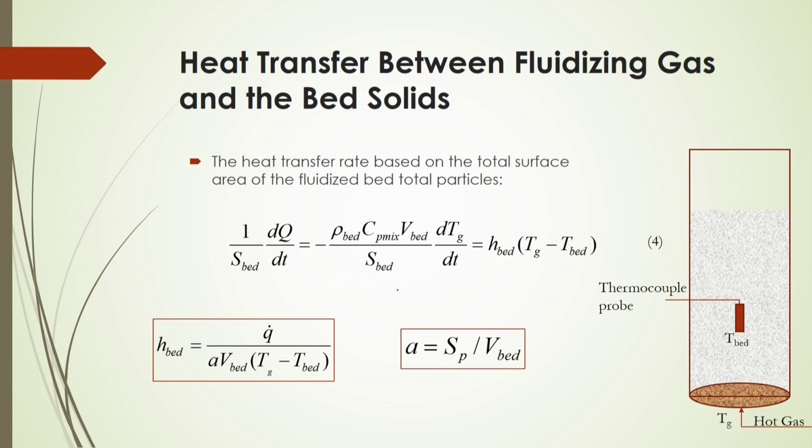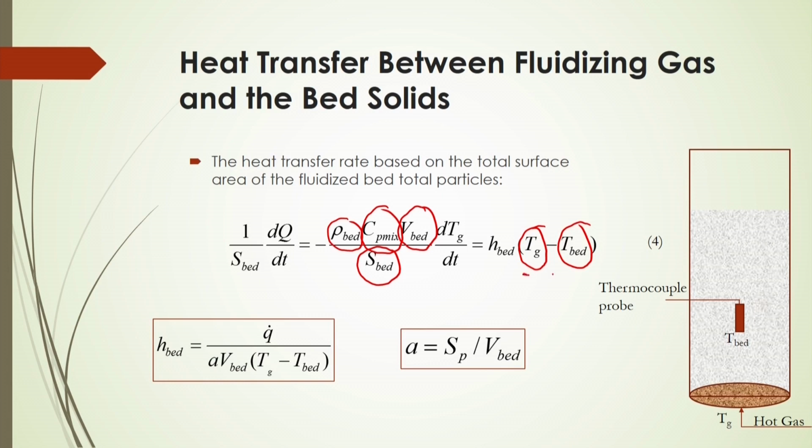In this case, instead of single particles, we consider the properties of the fluidized bed, like the bulk density of the bed, the total surface area of the bed, the total volume of the bed, the mixture specific heat capacity, and dTg by dt, which means the change of temperature of the gas with respect to time, where Tg is the temperature of the gas and Tbed is the bed temperature.